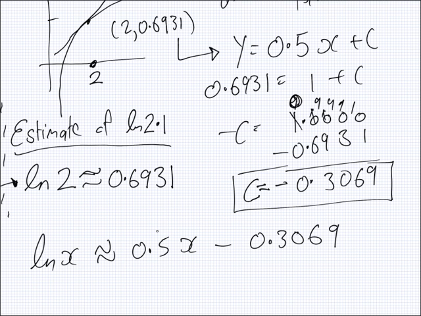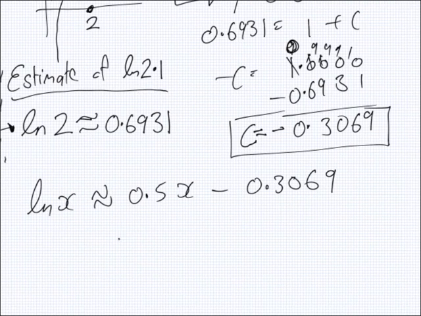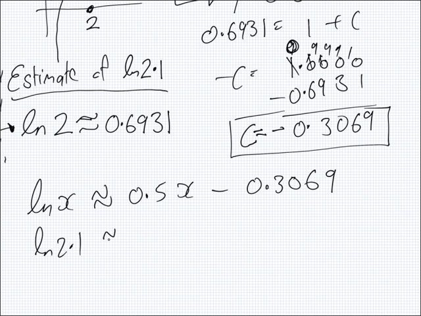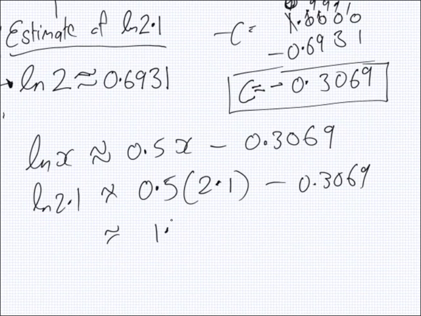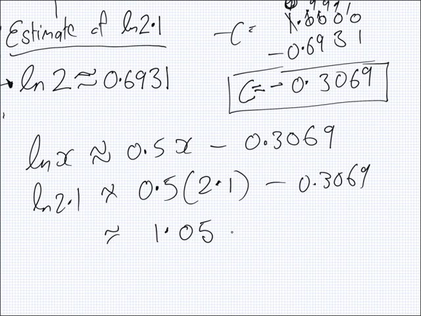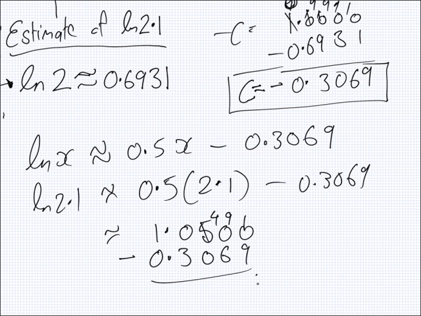And so our tangent line, we have log x is roughly equal to 0.5x minus 0.3069. Now, we said x is 2.1. So log 2.1 is roughly equal to 0.5 times 2.1 minus 0.3069. So that's 1.05 minus 0.3069, which is 0.7431.